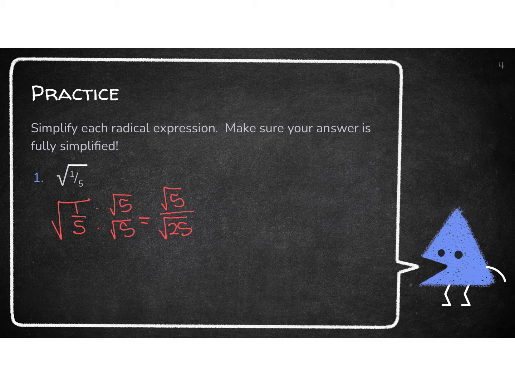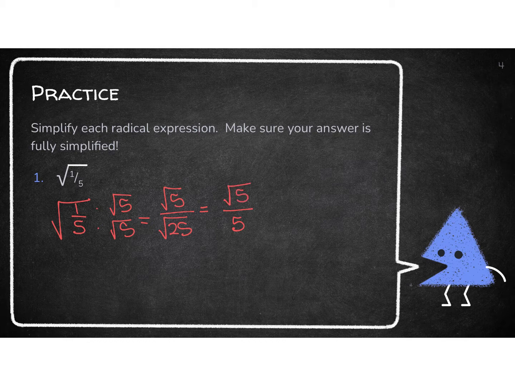You should always be able to simplify the bottom because the bottom should always be a number within our list. If it's not, then you did something funky and you need to stop and connect with me. So I know right away the square root of 25 is going to be 5. I'm going to try and simplify the square root of 5 on the top, and I can't.